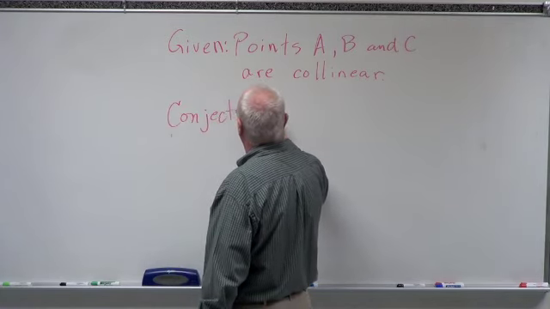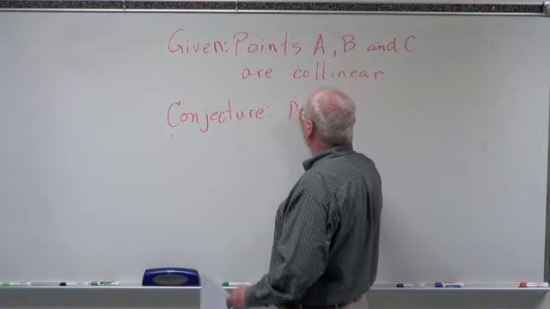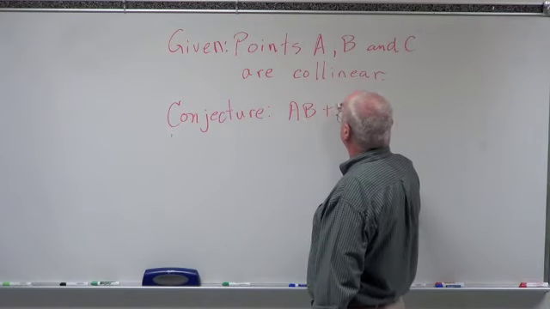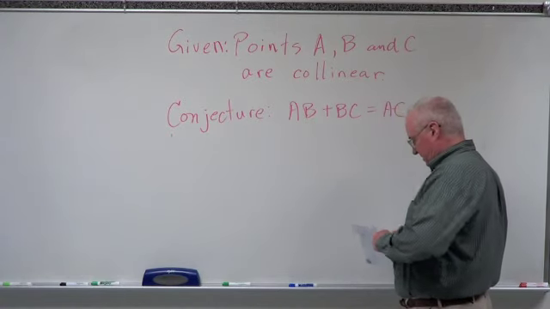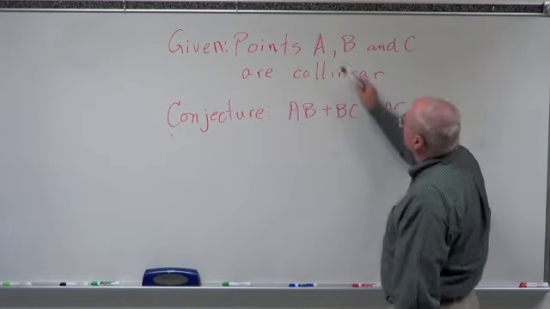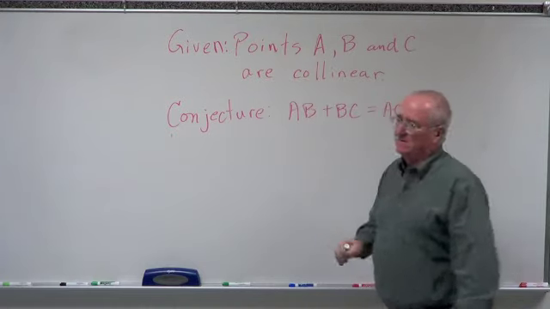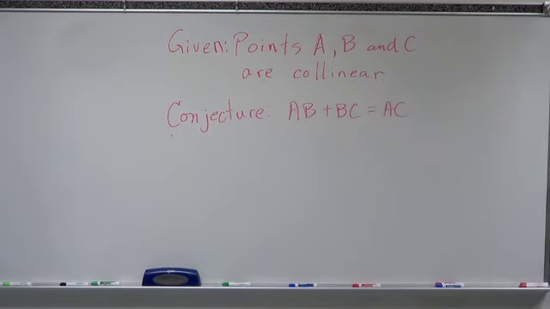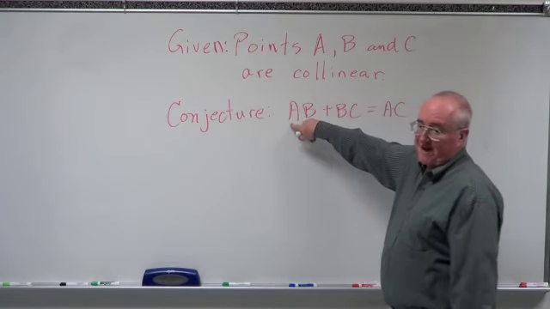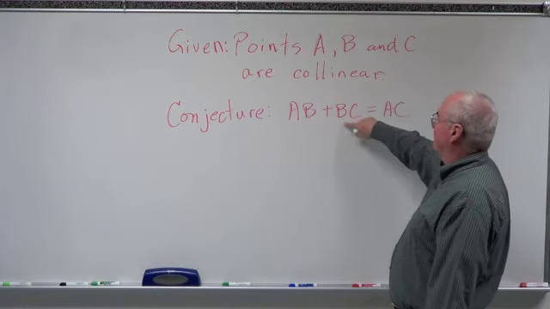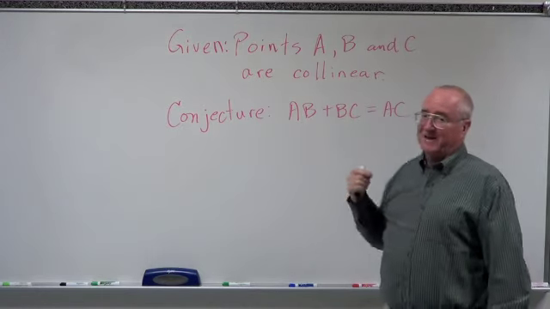Conjecture: AB plus BC equals AC. So, given the information that points A, B, and C are collinear, collinear meaning on the same line, then it has to be true that the measure of segment AB plus the measure of segment BC equals the measure of segment AC.